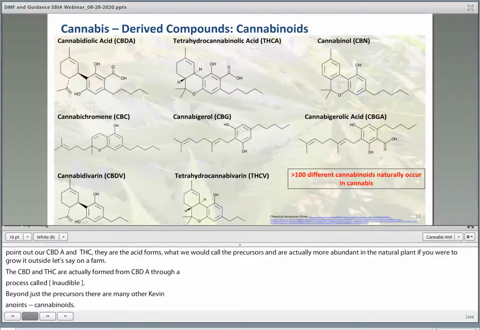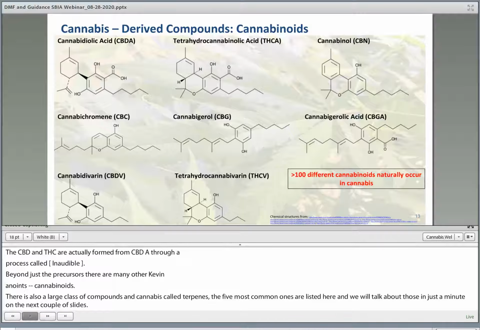And so here's the chemistry of a couple of popular cannabinoids, and I want to point out that in not just CBD and THC, but all of these compounds that are listed here, as well as the over 100 different cannabinoids that occur naturally in cannabis, there is very little known about these compounds.